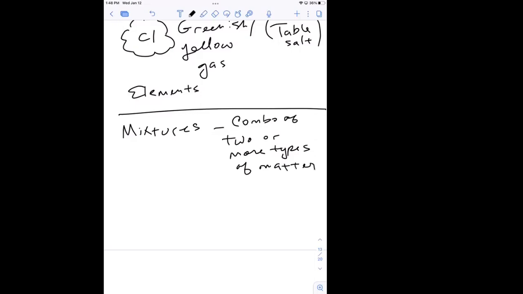Again, the difference between a mixture and a pure substance is how you combine and how you take them apart. Pure substances, especially compounds, are chemically derived. Mixtures are physically derived, and they can be physically separated.